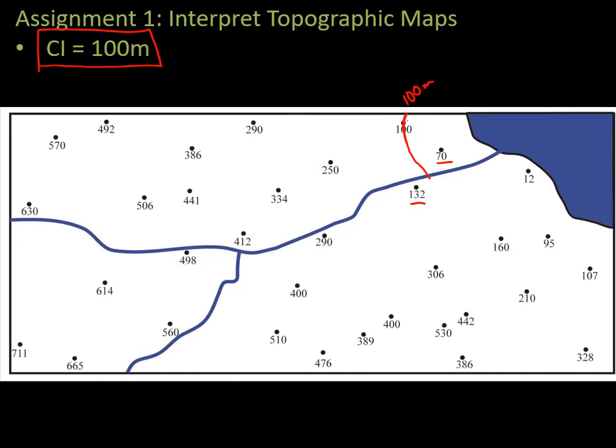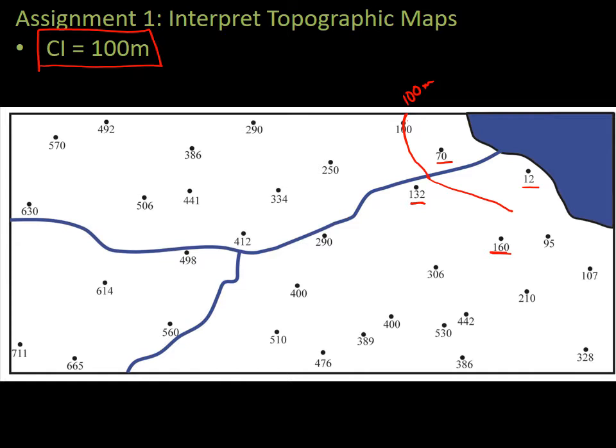So now again, I'm going to look around for points that are larger and smaller than 100. The 100-meter line has to go in between those points. So I see 132 and 160. 100 isn't in between those, but I see 160 and 12. And 100 is in between those, and so the line must go roughly there. Again, look around for points that are larger than 100 and smaller than 100.